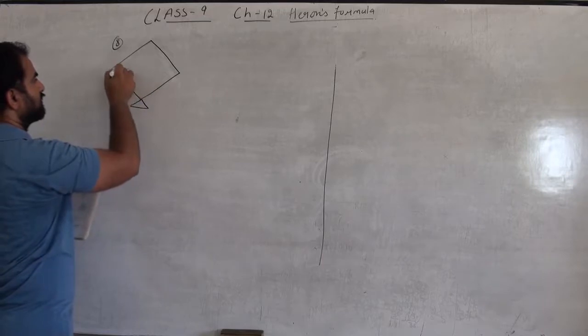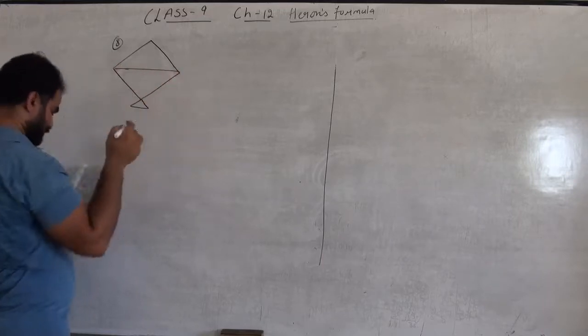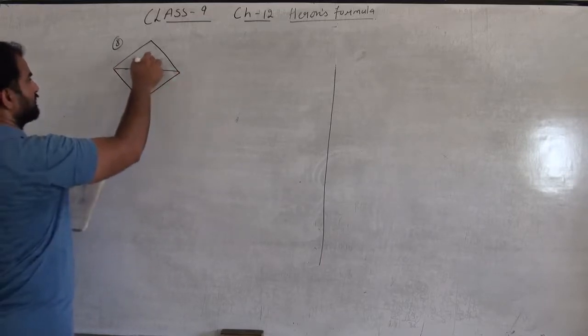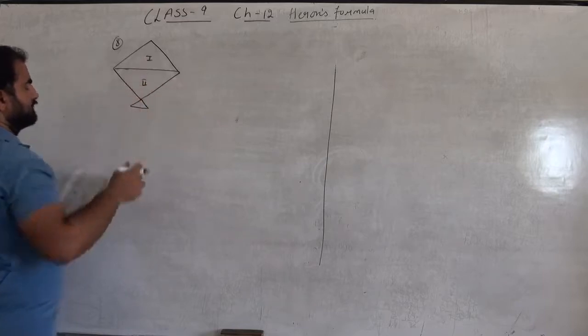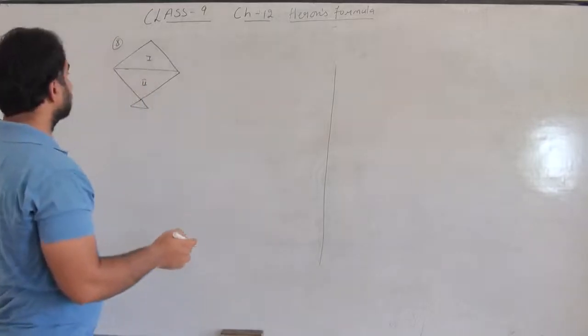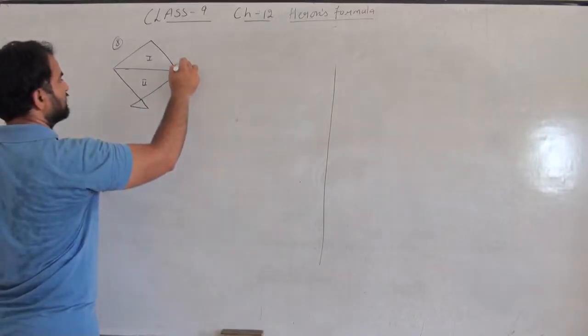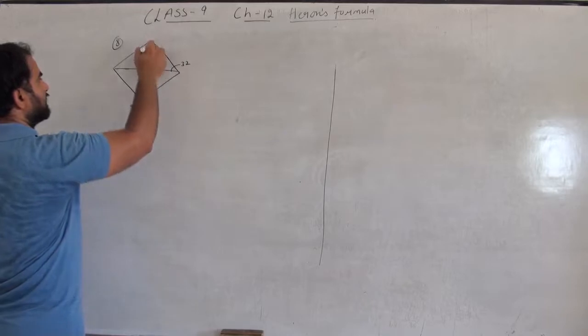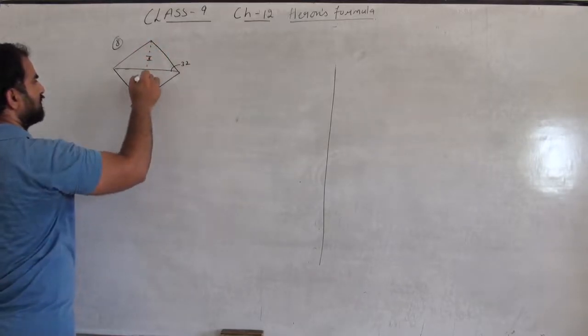This is part number first, this is part number second. So class, we know that its diagonals are 32 and 32. So this diagonal is 32 and this diagonal is also 32.